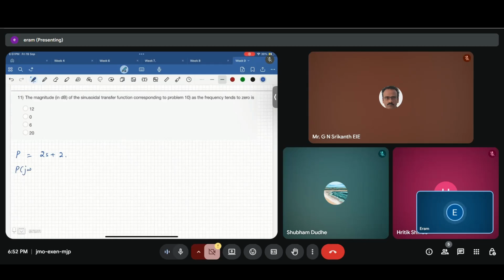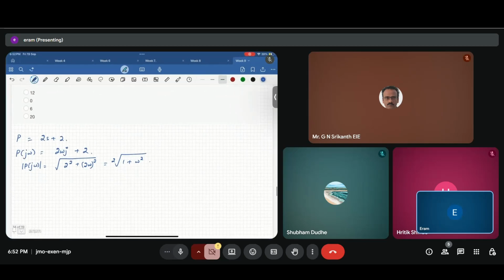Let's write it in frequency domain first. So it will be 2 omega j plus 2. So its magnitude will be under root of 2 square plus 2 omega square, which is 2 times under root 1 plus omega square.